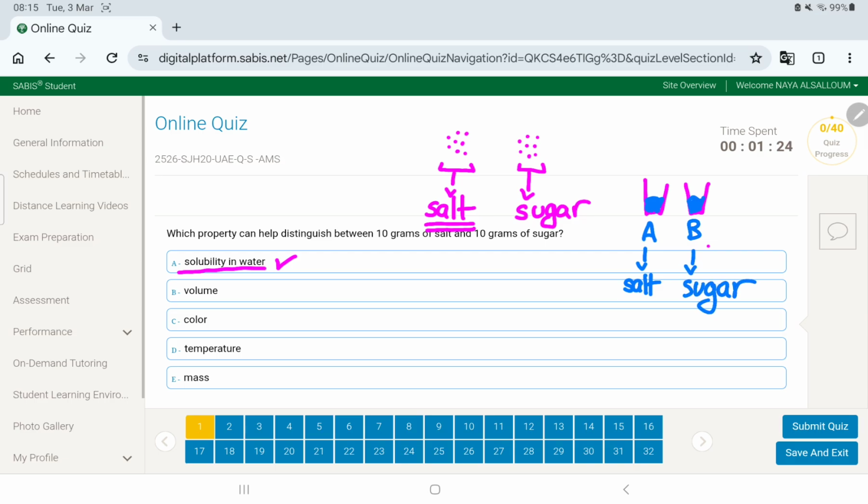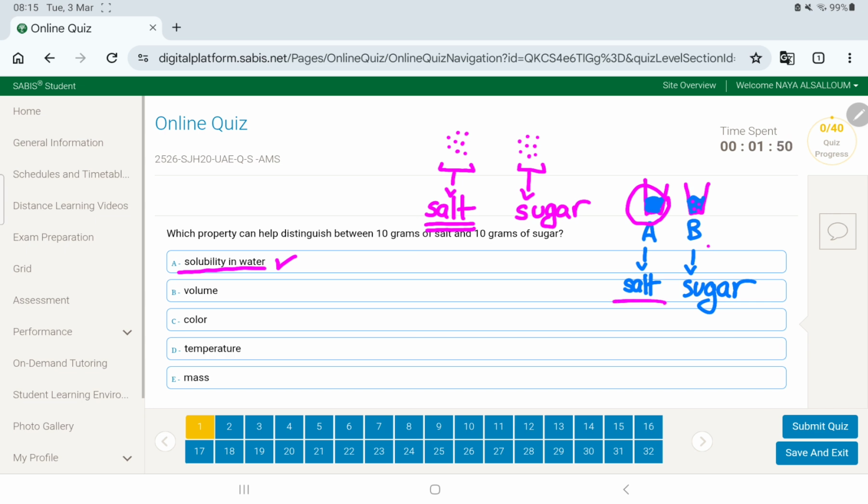So let's see. Obviously, when you put the salt in, it might actually just dissolve directly. The salt particles, after a while, they're gonna dissolve. Meanwhile, in the same time, the sugar particles, they're still trying to dissolve. They're still trying, while the salt here just finished.